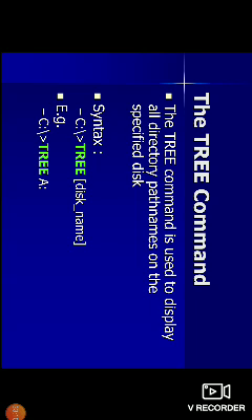For example, at the command prompt C colon slash greater than, I am typing tree space a colon and pressing the enter key. Now it displays all directory path names on the specified disk A.